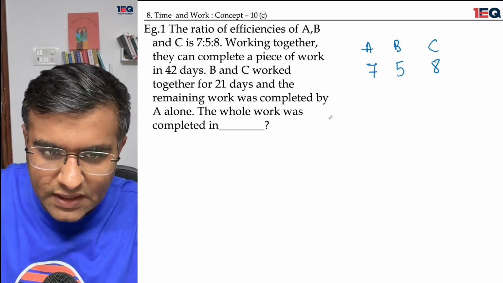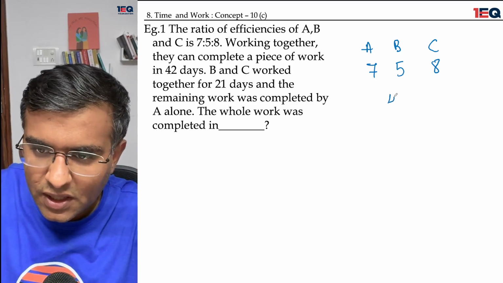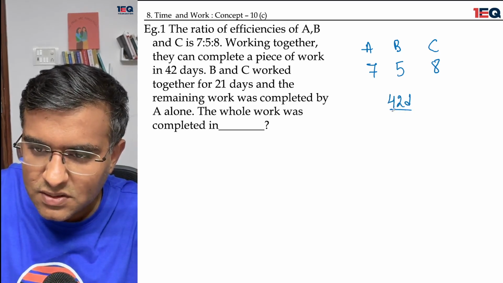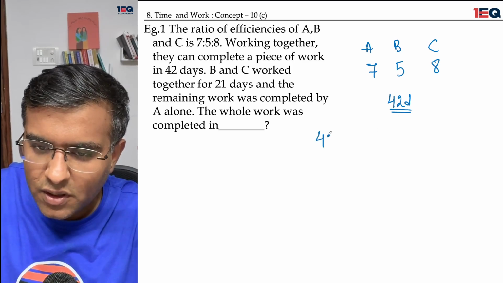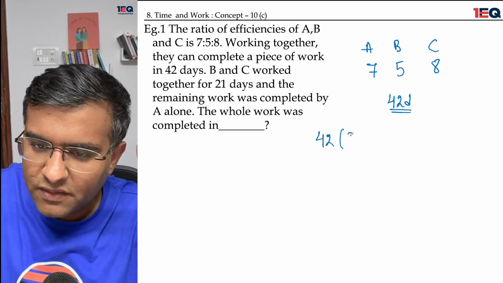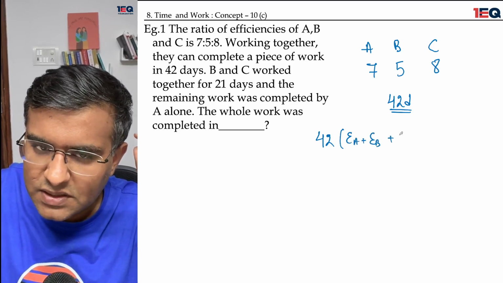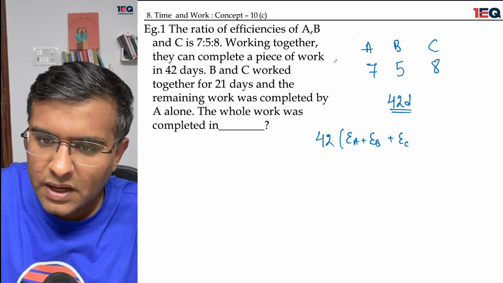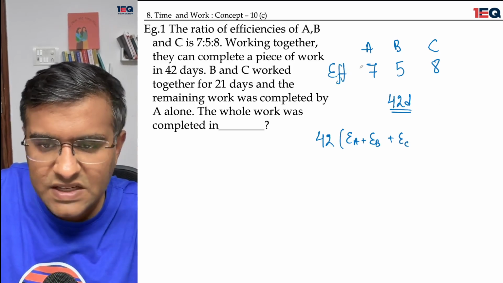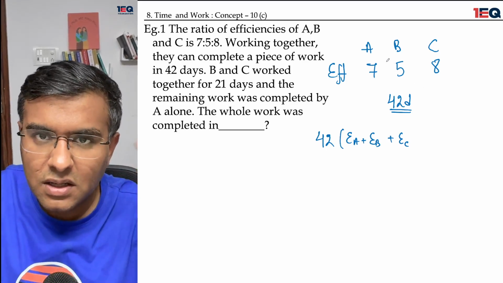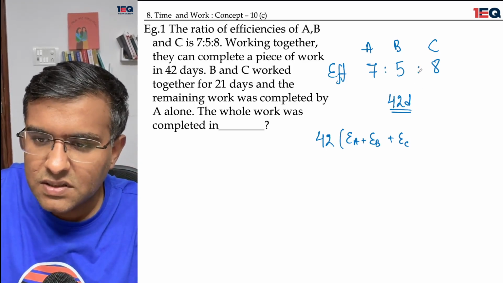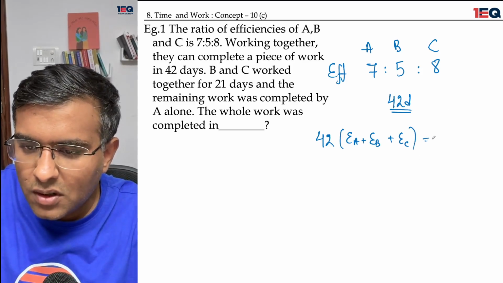That means 42 multiplied by the efficiency of A plus efficiency of B plus efficiency of C. And 7 is to 5 is to 8 are the ratios of the efficiencies. This can be called the total work.